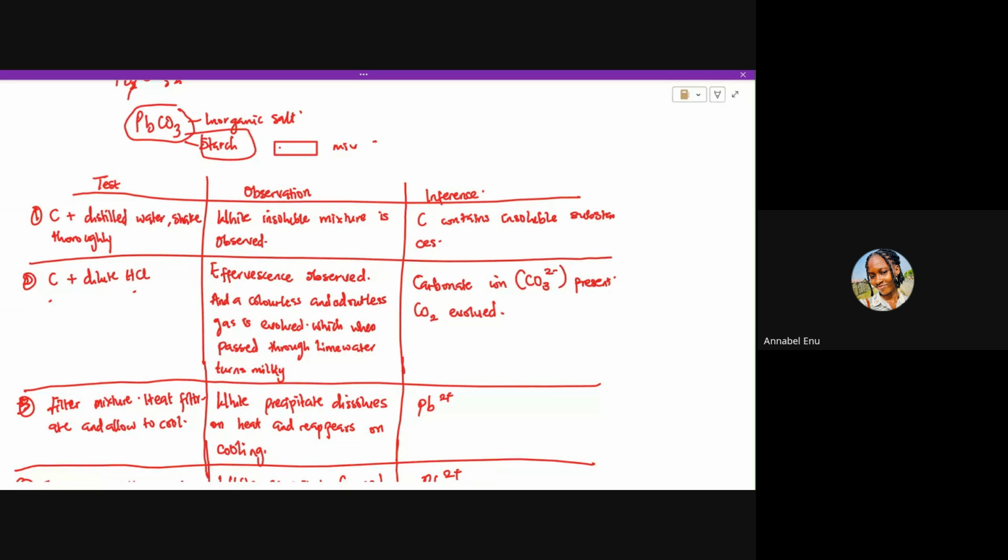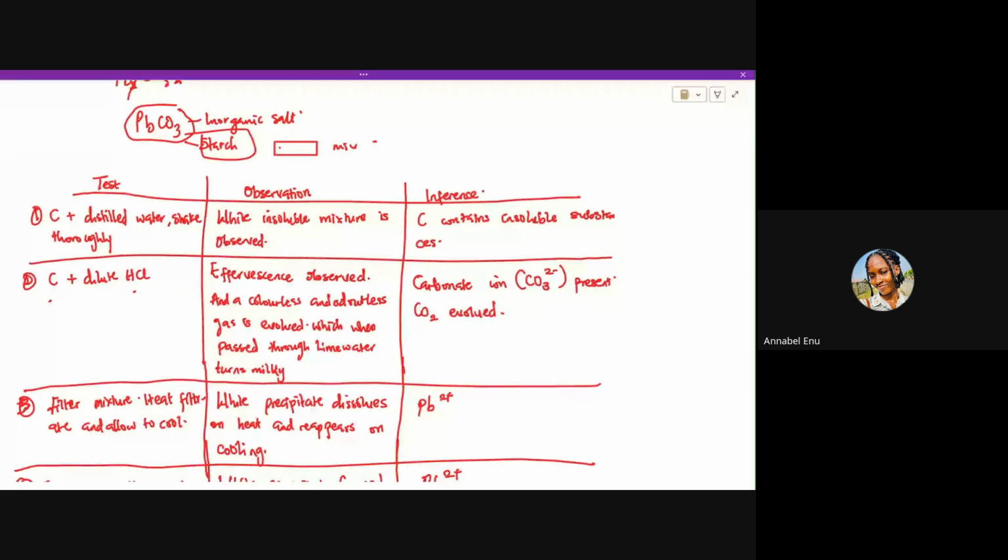From there, we have observation. It's what you observe. It can be color, solubility, or smell, that's the odor. Write your observation straight to the point. And then your inference is what this observation has implied, what your conclusion is based on the observation.